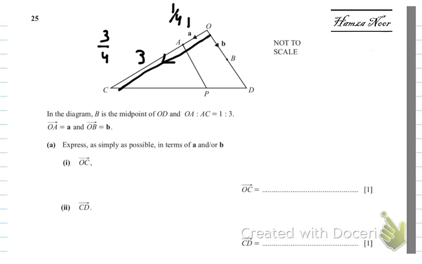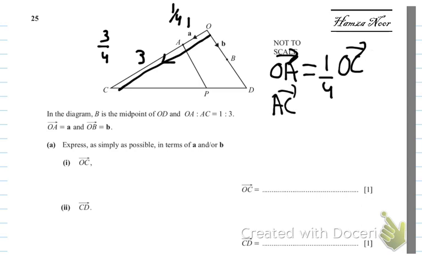So you can obtain two equations over here. First, OA is equal to 1/4 times OC, and the other equation is that vector AC is equal to 3/4 times OC.